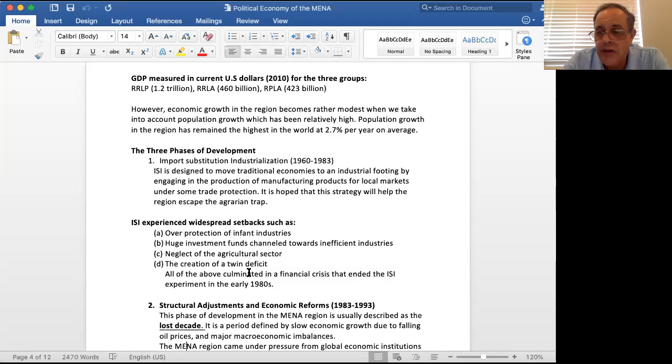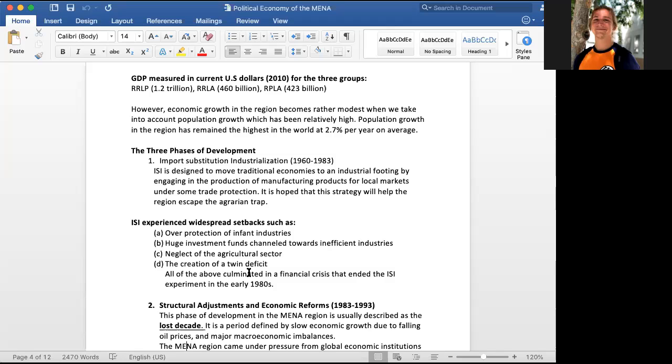You don't have a competitive advantage in producing TVs or cars or refrigerators or whatever it is that you're trying to produce at home instead of importing it from overseas. You're not efficient. Plus, your domestic market is very, very small, so you don't have the luxury of large-scale production like other countries. And this leads to inefficiency.